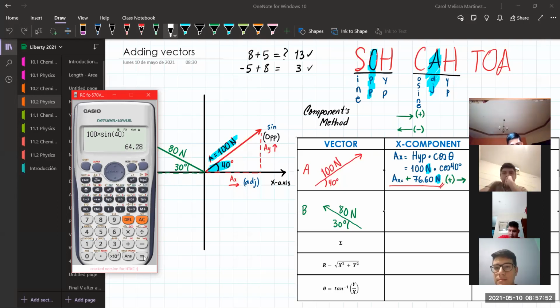It's going up, so it is going to be positive. And please put the sign in front of the answer. What we just did right now is, we can say that we finished the first vector. Now we need to continue with the other vector.